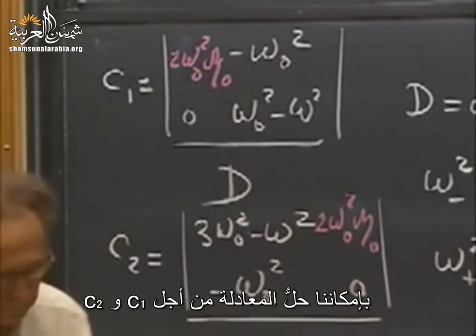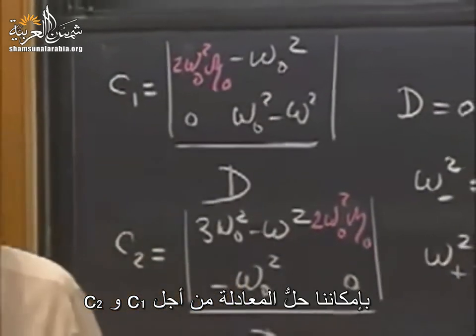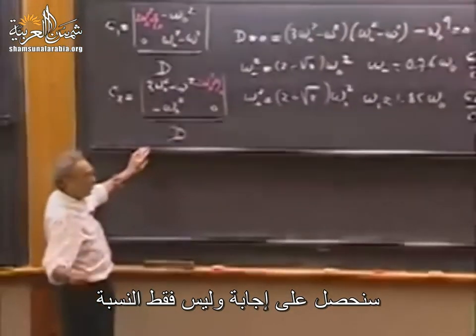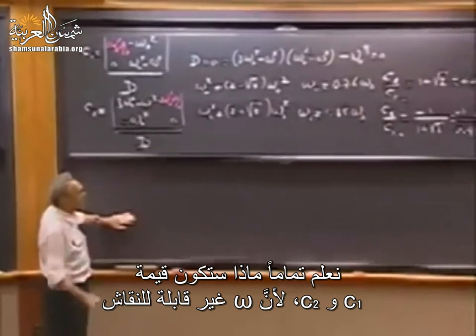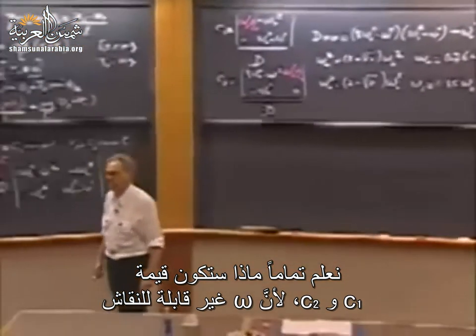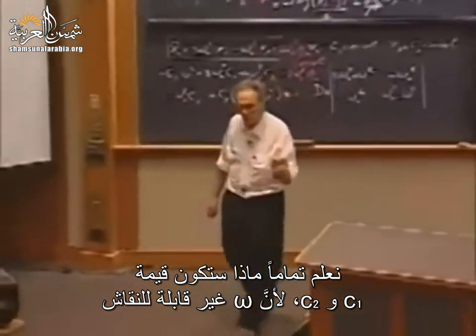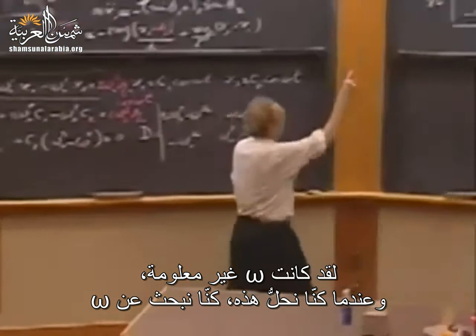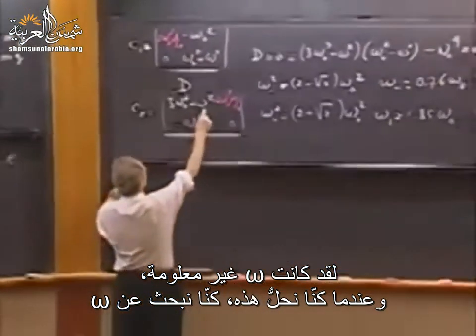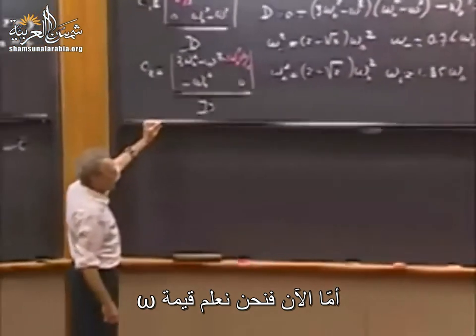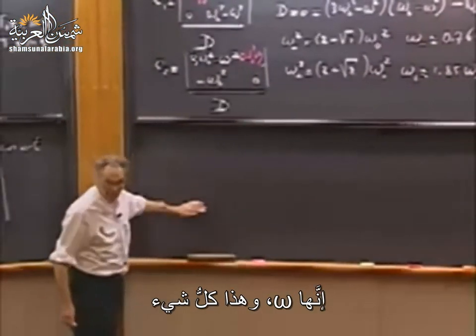And so now, we can solve for C1 and C2. We get an answer. Not just a ratio only, we get an answer. We know exactly what C1 is going to be, and we know exactly what C2 is going to be. Because omega is non-negotiable. Omega is now a known. When we solved this before, we were searching for an omega, and out came these omegas. That's not the case anymore. We know omega. It's called omega, and that's it.